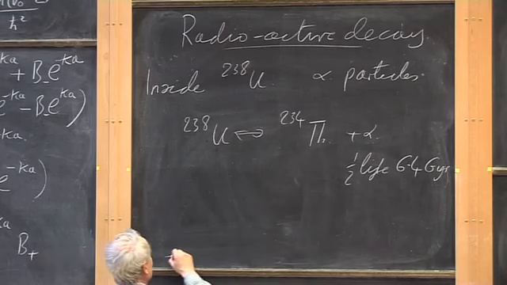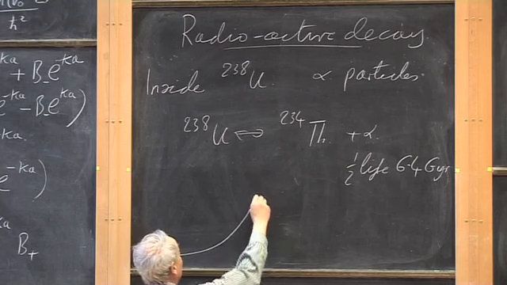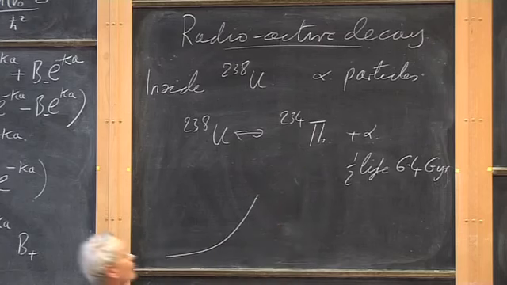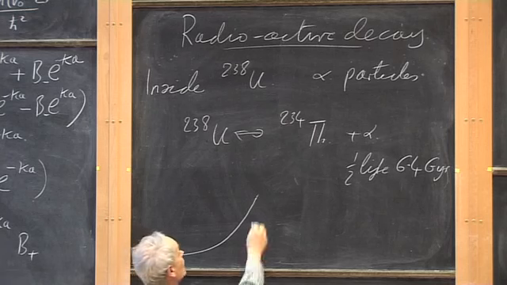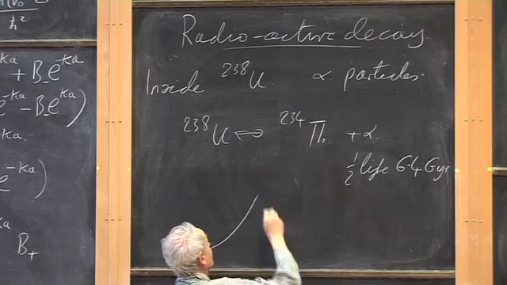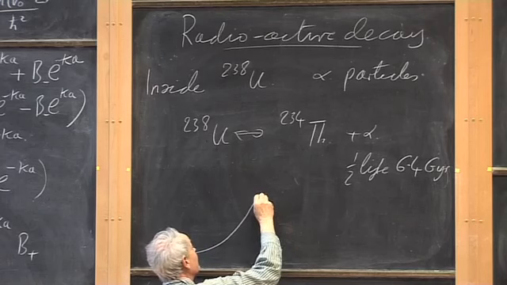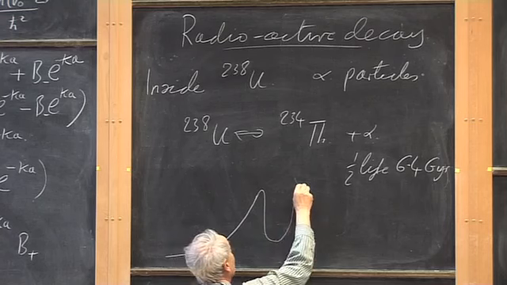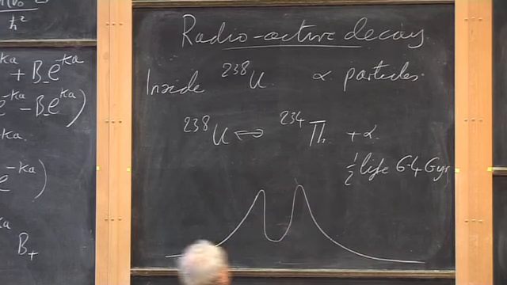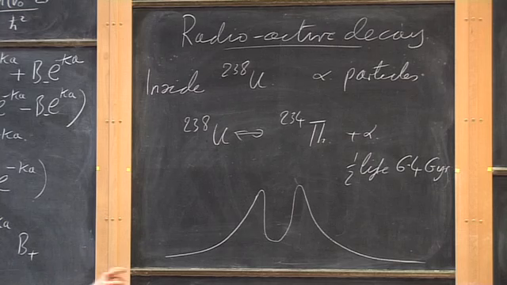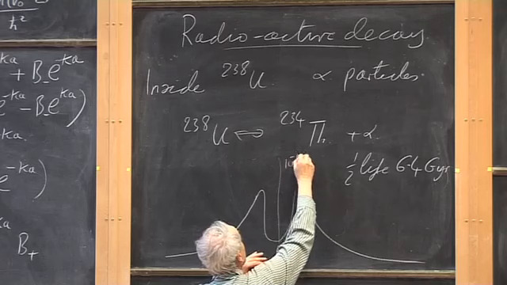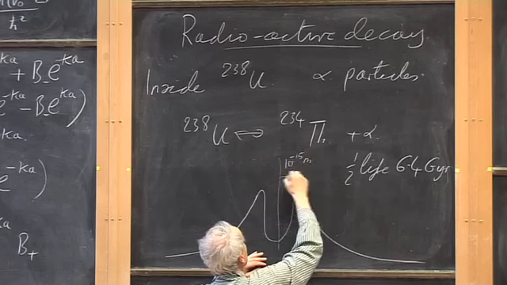So the potential energy curve has a 1 over r type behavior here. When it gets close enough to the thorium nucleus, the strong interaction, it's able to exchange gluons and so on with the nucleons inside there, and it feels an attraction. So there is a well that looks a bit like this, except this is extremely narrow. The width of this is say 10 to the minus 15 meters, a typical nucleus size.